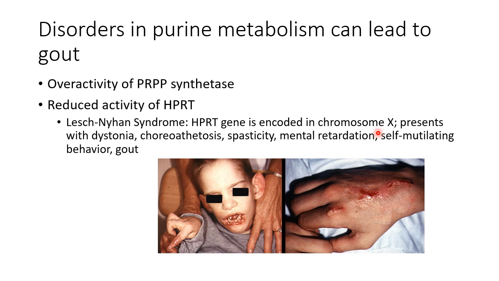But because hypoxanthine and guanine will not be able to form your nucleotides, the central dogma is also affected. So you have an inability to produce the essential proteins of the body and an inability to replicate the genome of the body.